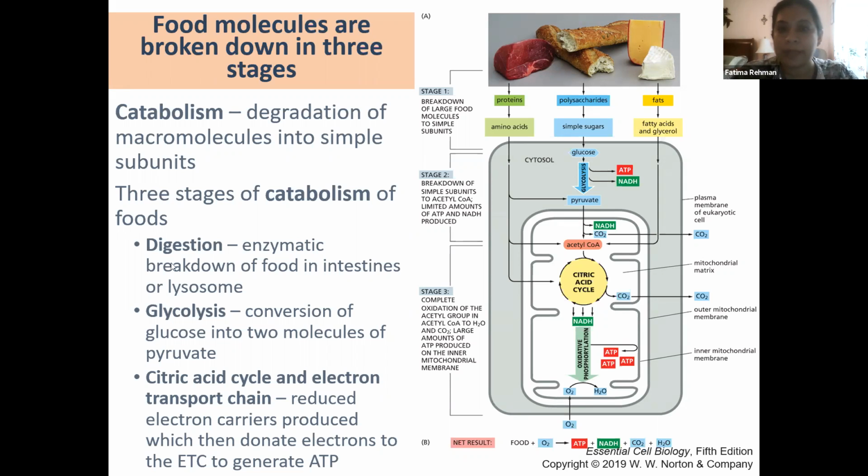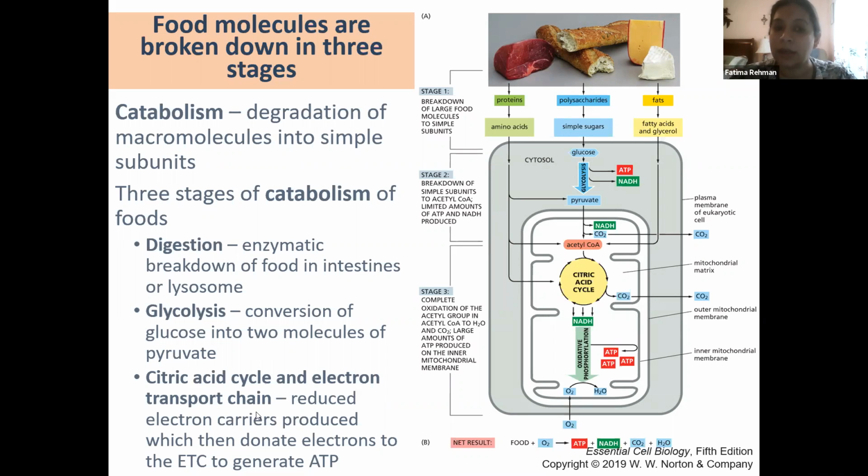So you should know that catabolism is basically the process through which our body releases energy from the food that we are taking in. It has three processes: digestion, glycolysis, and then finally the citric acid cycle and electron transport chain, which is where the majority of our energy is made.